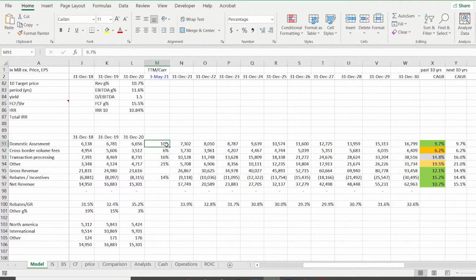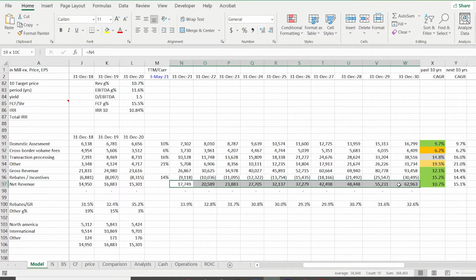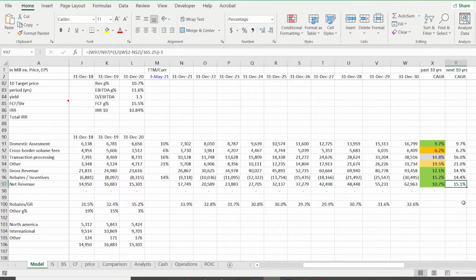So these are the numbers I am assuming for each of these items, and also rebates and incentives. I'm going to keep them growing similarly to the past. So when I add all this, I end up with this revenue, which represents a growth of 15% per year on a compounded annual growth basis. And they have been doing 10% in the past 10 years.